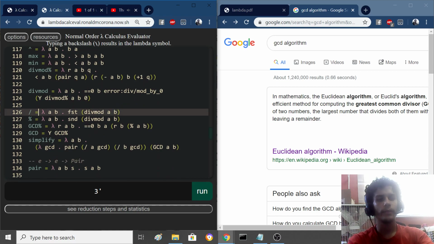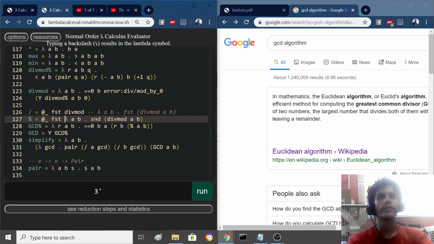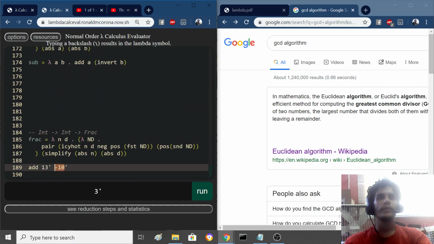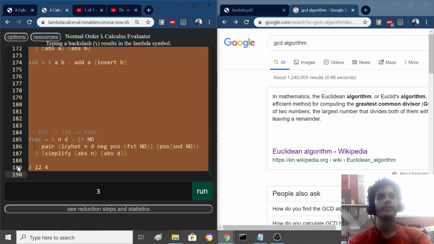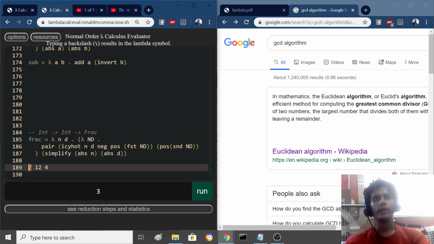So it's equal to at underscore first div mod. At underscore first div mod. So let's try it out. 12 divided by 4. Oh, we don't want to write that. We want to write it like this. 3, and then 12 mod 4 give us 0, of course. 3.